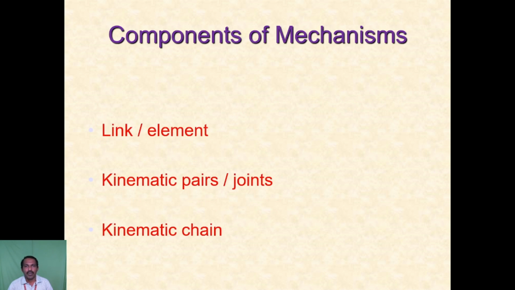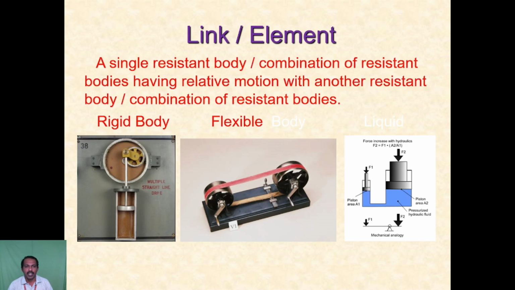Next, the components of a mechanism: link, element, kinematic pair, joint, and kinematic chain. Another topic is link and element. We already discussed link and element. A link is a single resistant body, or a combination of resistant bodies, having relative motion with another resistant body. It is a rigid body, with no deformation, as opposed to flexible and liquid.